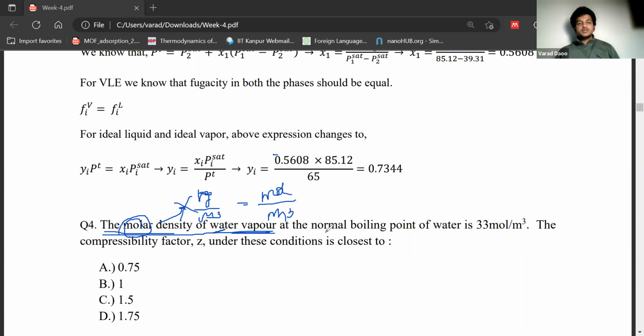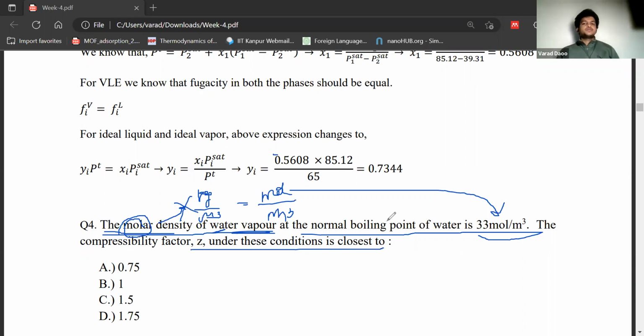It's a gas phase, at the normal boiling point of water, is this. So the unit is mole per meter cube. The compressibility factor Z under this condition is closest to what? The hint which I am giving is, remember what the normal boiling point of water is.